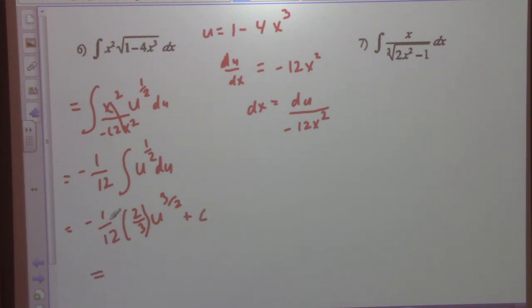So that's going to be negative 2/36, right? Which is negative 1/18, is that right? Should be. And then we're going to have this thing right here, which is 1 minus 4x cubed to the 3/2, plus c.